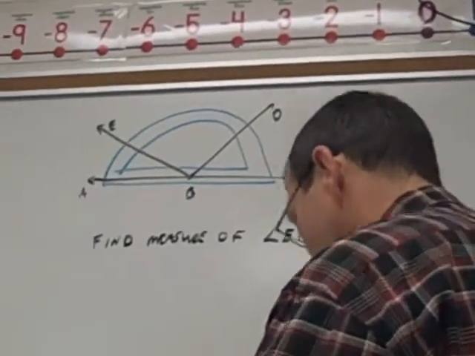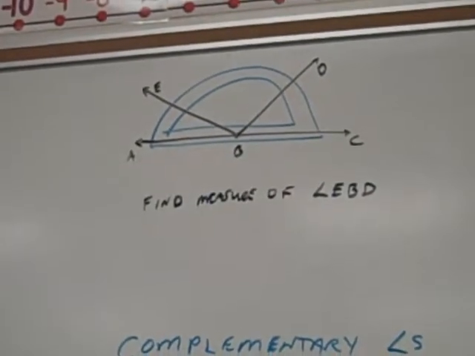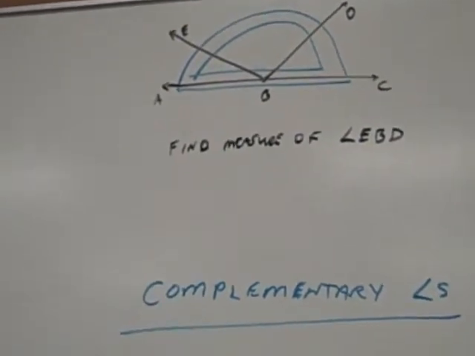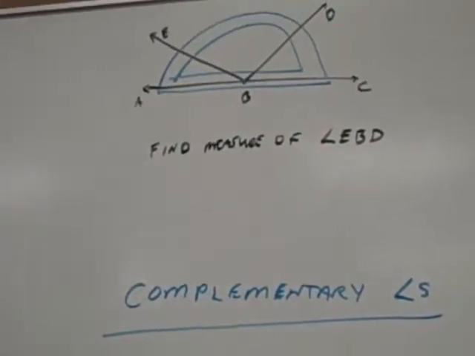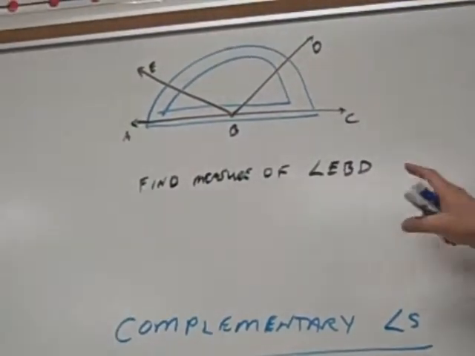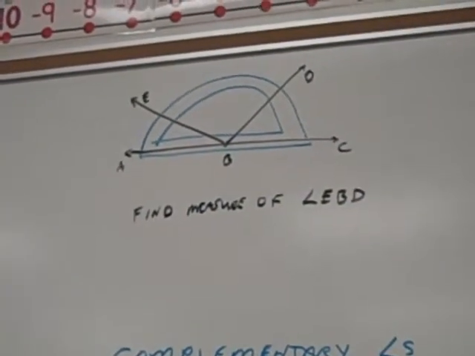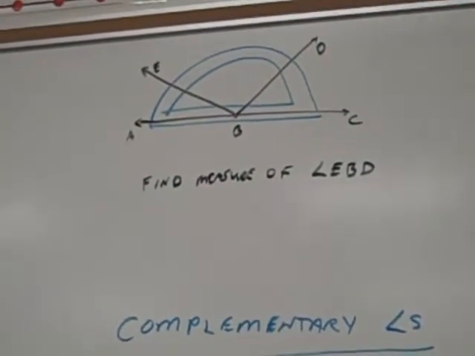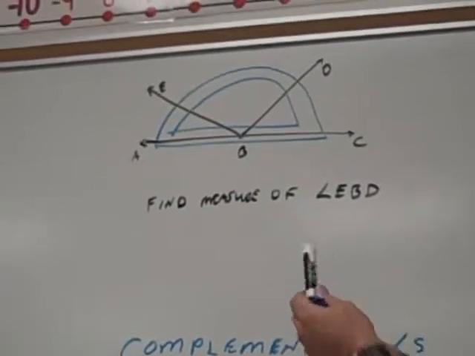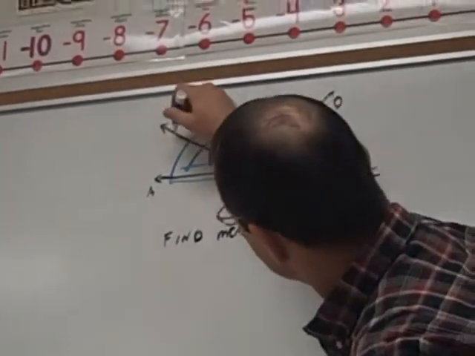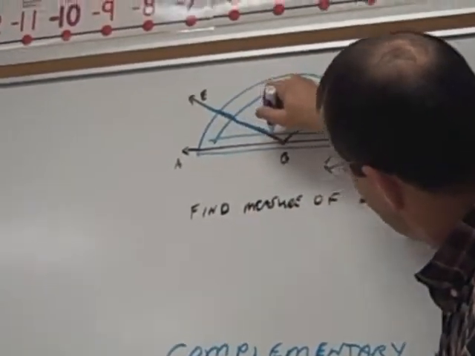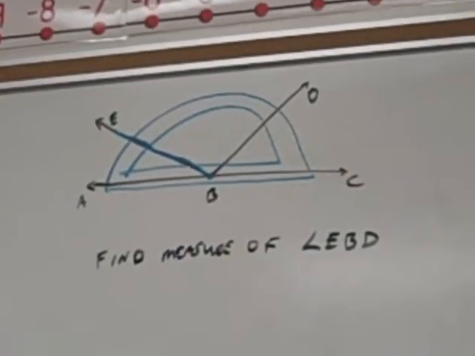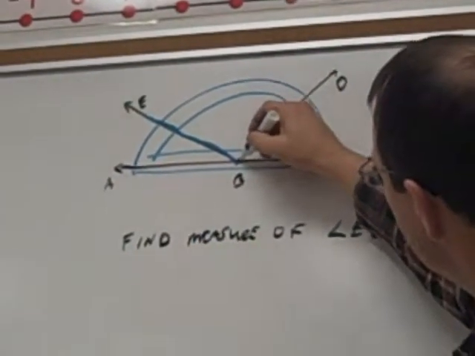Alright. So, looking at that, we need to trace which one they want us to do. In this picture, which one? E, find E, go to B, so here it is, go to B, and then to D. D's up here.